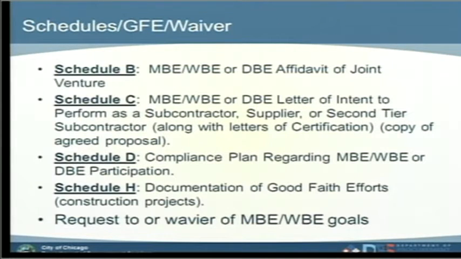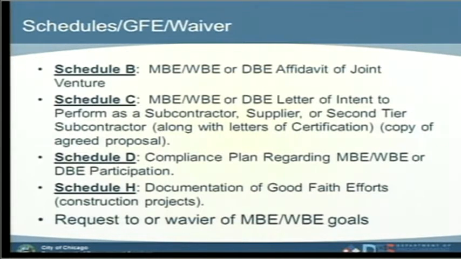It's a letter of intent, me being the sub, that I'm going to be working with you, the prime, on a specific project, a specific task that I'm going to be doing at a specific price. That's what the Schedule C is. I could report directly to you, or like Monica was explaining, I could be reporting to one of your subs, or to the sub of a sub of a sub. It can go up to whatever number of tiers are needed.